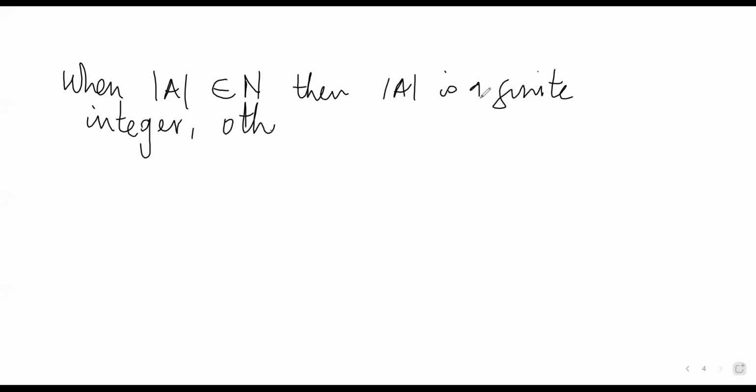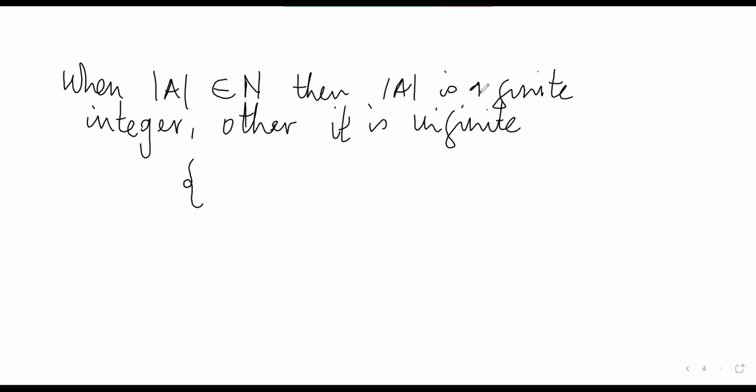Otherwise, it is infinite. Cardinality is just the size of a set, just the size of a set of the elements.